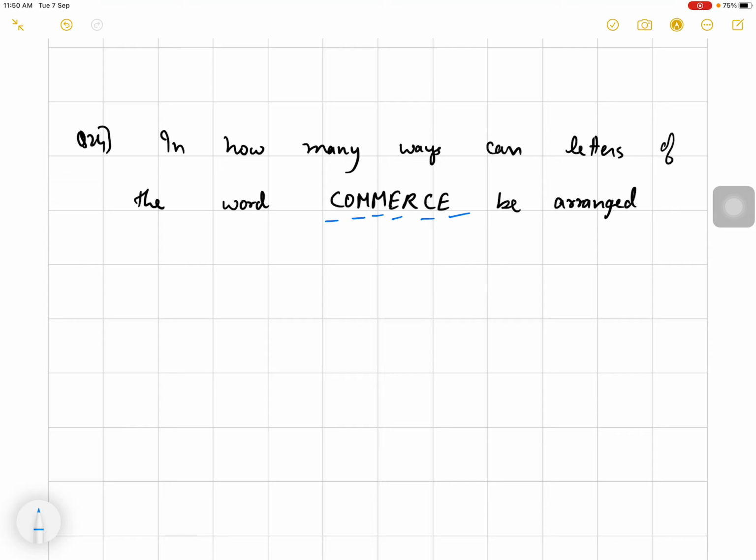So the formula here, because there are M, E and C, I'll write like this. Total number of letters are 1, 2, 3, 4, 5, 6, 7, 8. 8 letters, so N is equal to 8, and the places are also 8, so R is equal to 8. C is repeated twice, I'll name it P, so P is equal to 2.